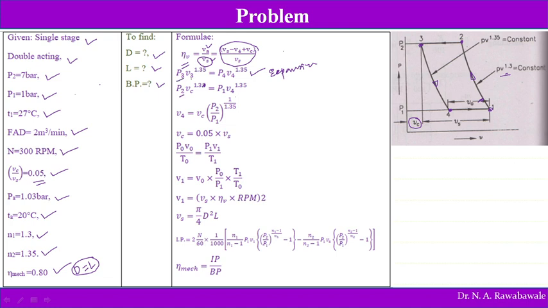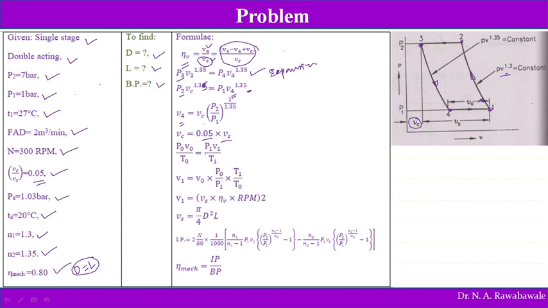So P3 is equal to P2, and P4 is the pressure at point 4, which is at P1. The volume V4 is obtained from V3 using P2 divided by P1. Clearance volume Vc is equal to 0.05 of Vs, so once we know Vs, V4 can be found.